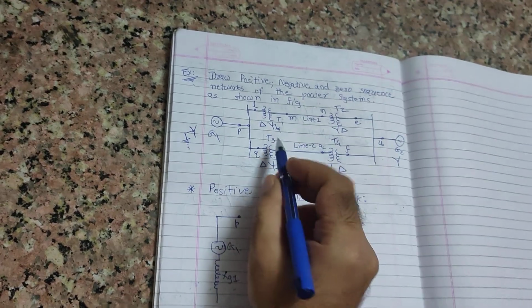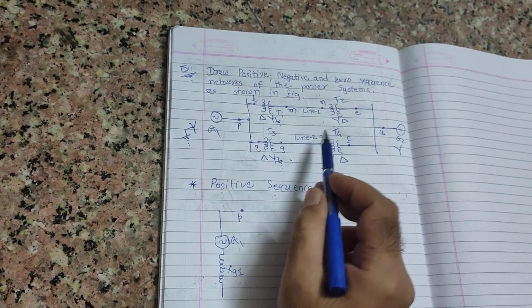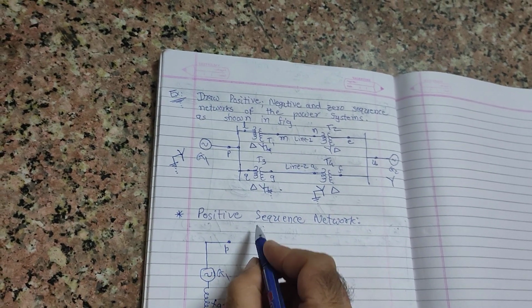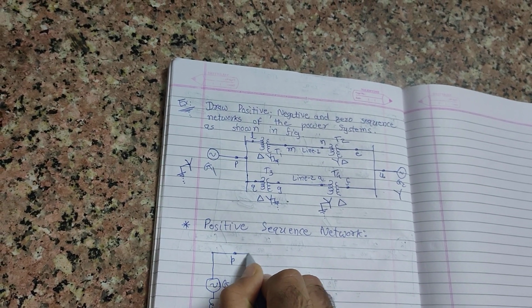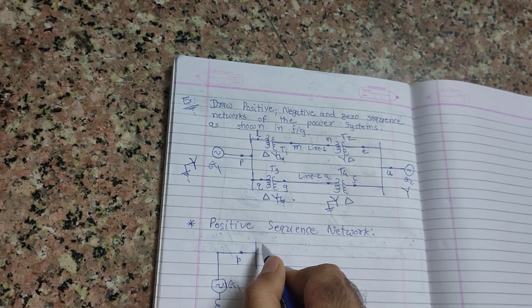Then this is the parallel transmission line network. After P, this is divided into two parts as per the single line diagram.